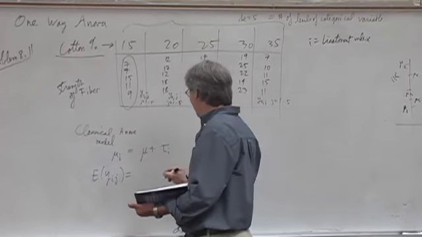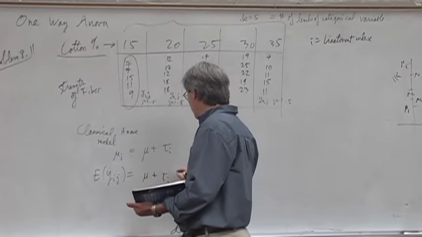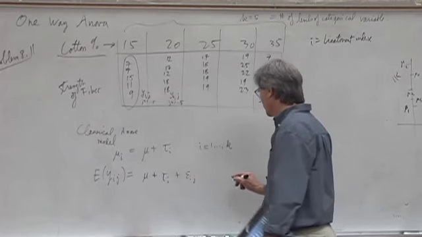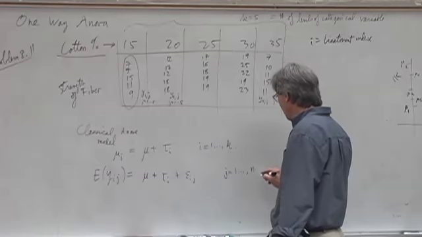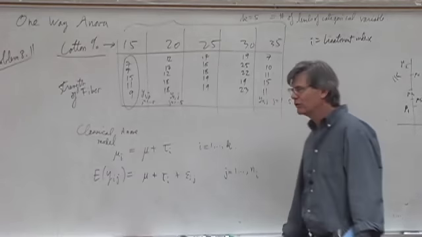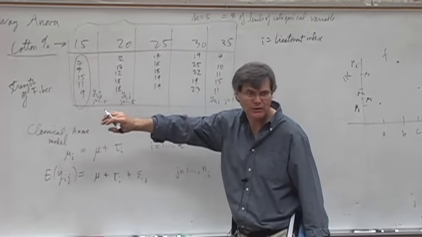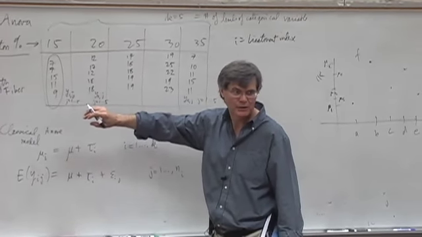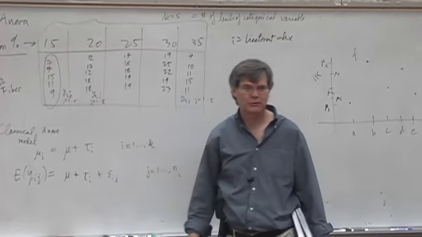So then this is mu plus tau i plus epsilon ij. j goes from 1 up to N, as he calls it. In general, you can do N sub i. You do not have to have the same number of observations in each column. In fact, the graduate students have to deal with that. And problem 8.9 for next week. Just set this up, see what the X matrix looks like, and so on.